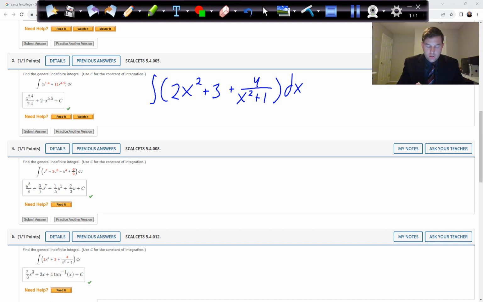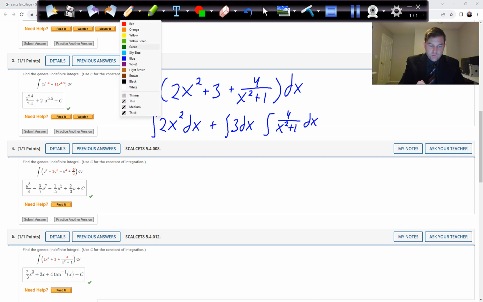I don't usually do this, but I am going to show this one the long way. Each of these terms we can split into its own integral. So this is really the integral of 2x squared dx plus the integral of 3 dx plus the integral of 4 over x squared plus 1 dx.